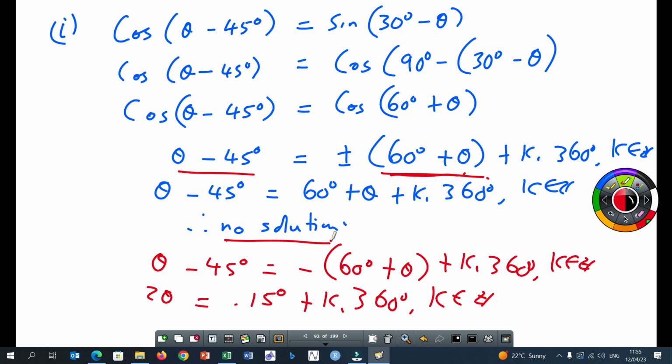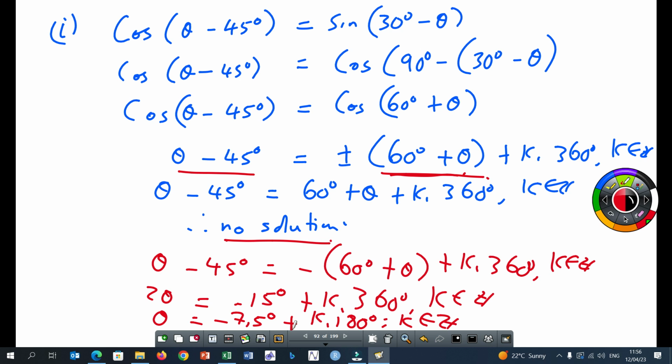Then you divide both sides by 2, so you get theta equal to minus 7.5 degrees minus k times 180 degrees, where k is an integer. Okay? So that's your only solution there.